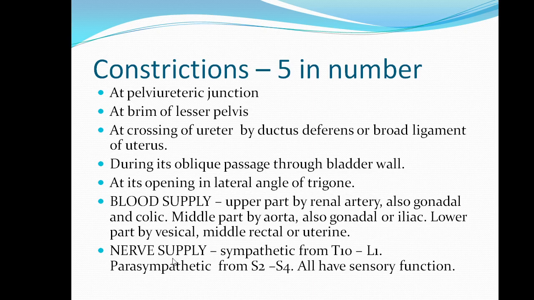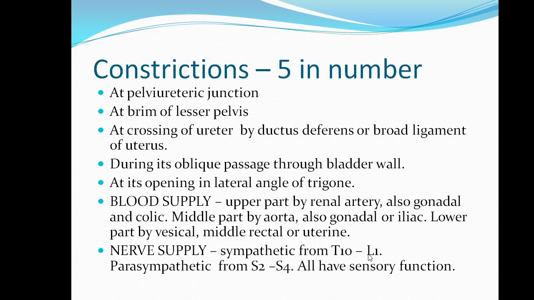The nerve supply of the ureter is derived from sympathetic nerves, that is from T10 to L1 segments, and parasympathetic from S2 to S4 segments.